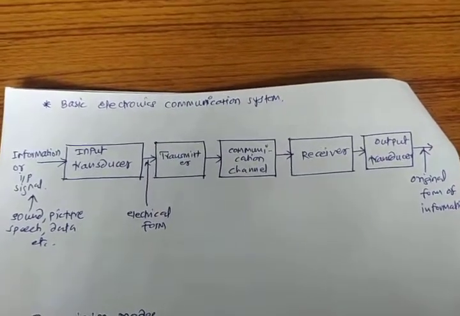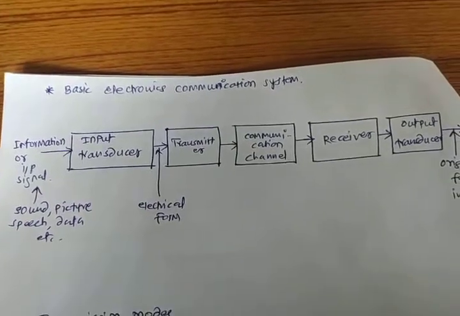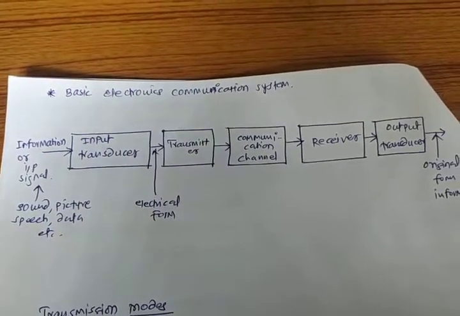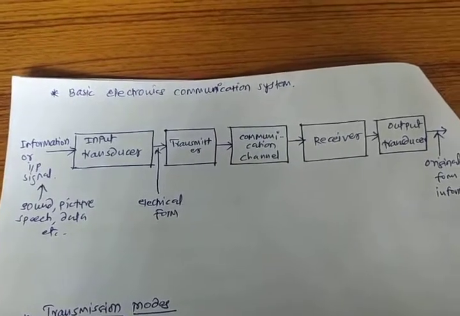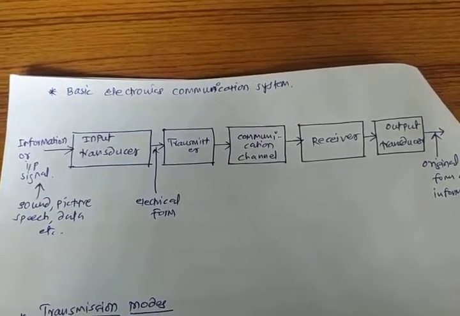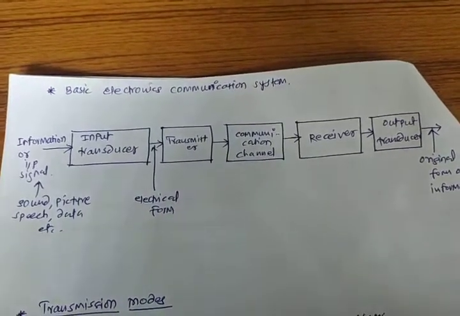To understand this concept, we study the communication system diagram. This type of question will be asked for 4 marks, so students should properly understand how the electronics communication system works.